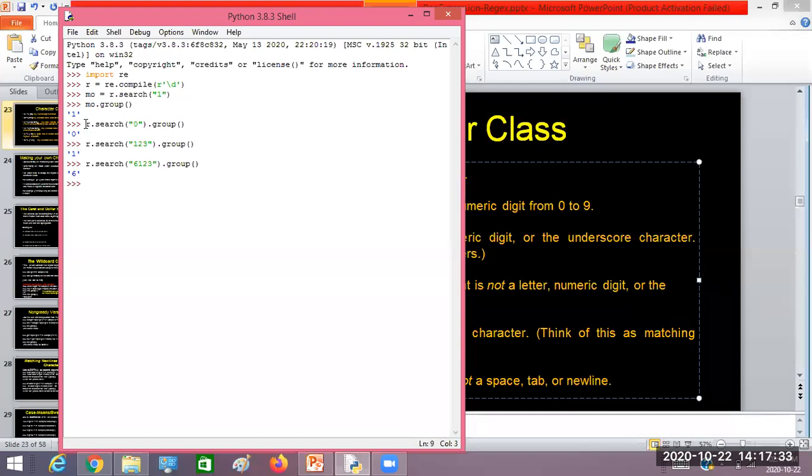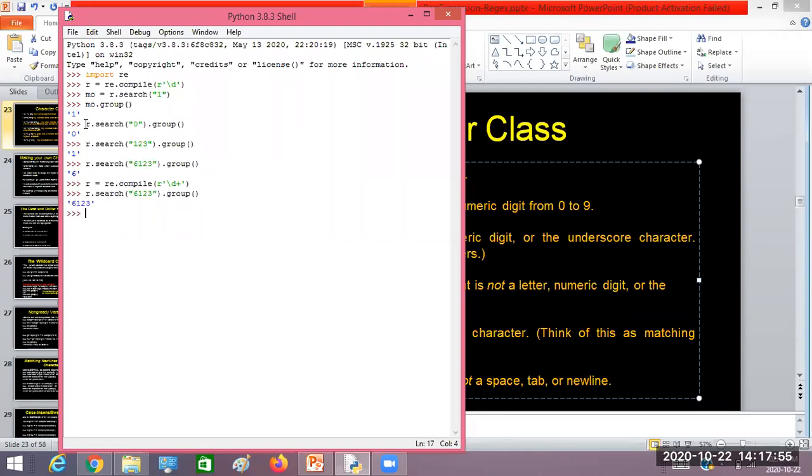Suppose your requirement is to match multiple characters, minimum one occurrence. Then you can go with the plus. It's going to match one or more occurrences of a digit. Now let us understand, if I execute this one, look at here.